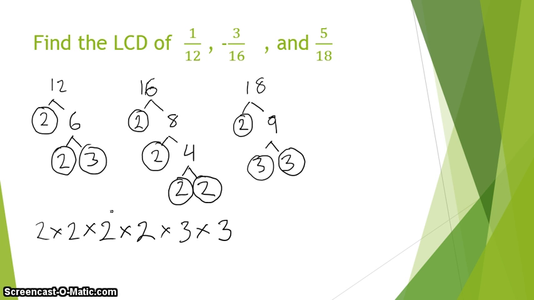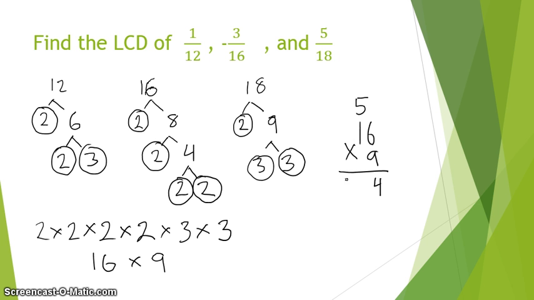So 2 times itself 4 times is 16, and then 3 times 3 is 9. And then 16 times 9: 6 times 9 is 54, and 1 times 9 is 9, plus 5 is 14.